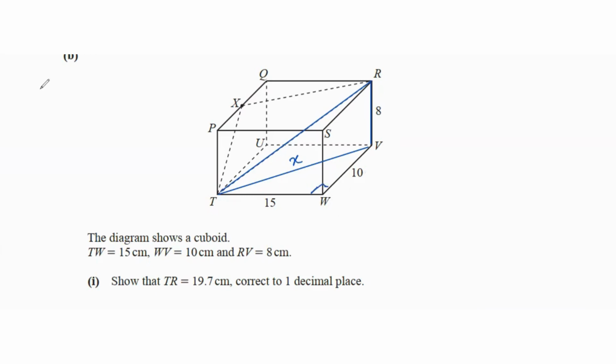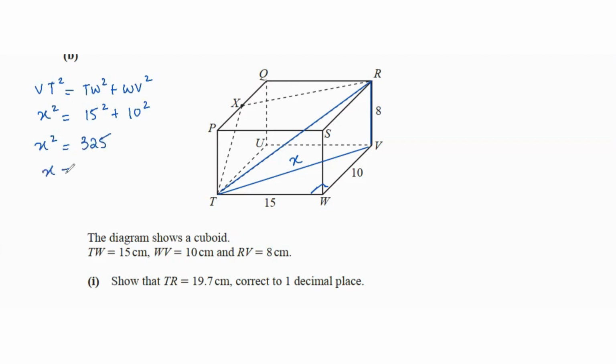So VT square is going to equal TW square plus WV square. So that's X square equals 15 square plus 10 square. X square is equal to 15 square is 225 plus 100, that's 325.